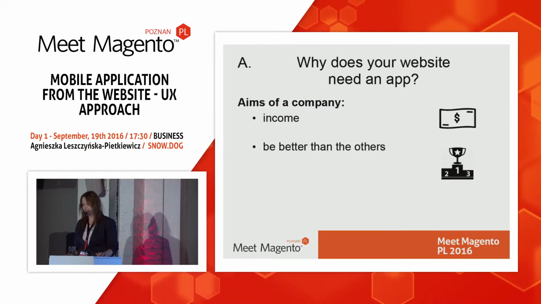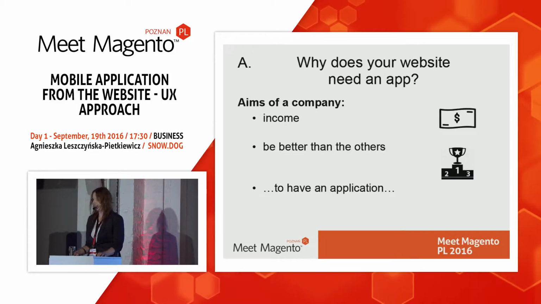Some aims of a company can be income, right? You have an app, so you earn more. Or you want to be better than the others. But also some people say, I just want to have an application just because. And it's not a good approach, and I would discourage you from having this one.